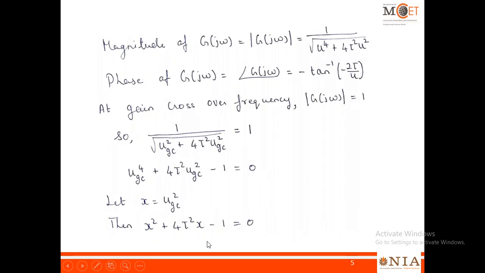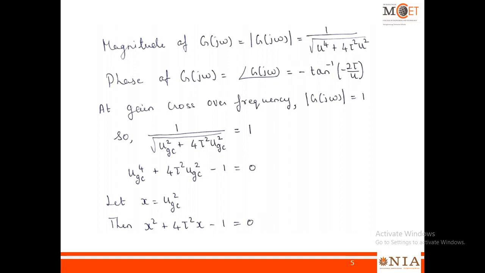I have split that into two terms, one is magnitude and another is phase. Magnitude is this function and phase is this one. I have used square root of a square plus b square, and tan inverse of b by a, for the expression G of j omega.